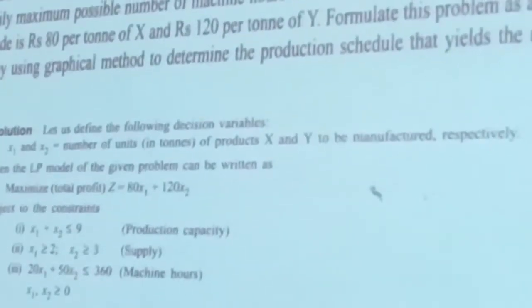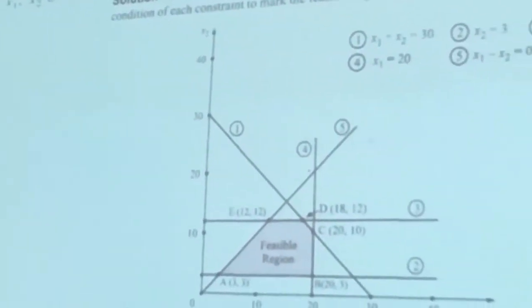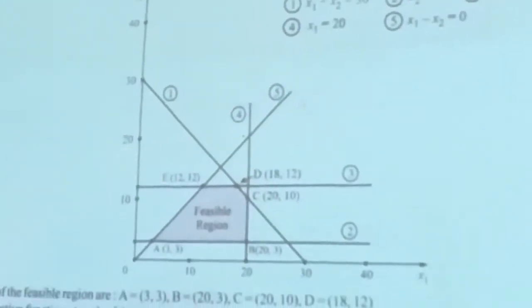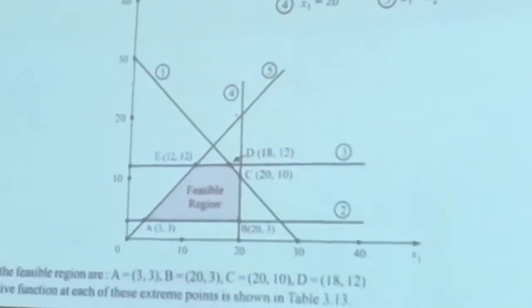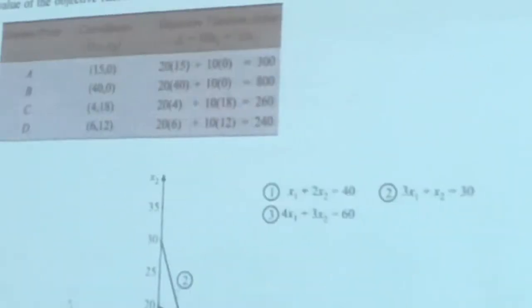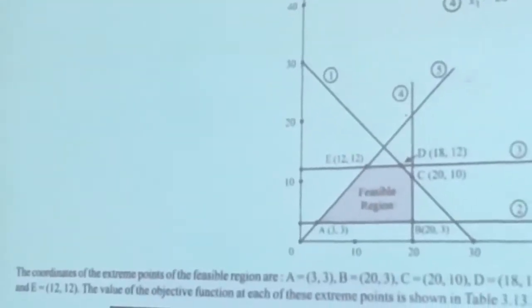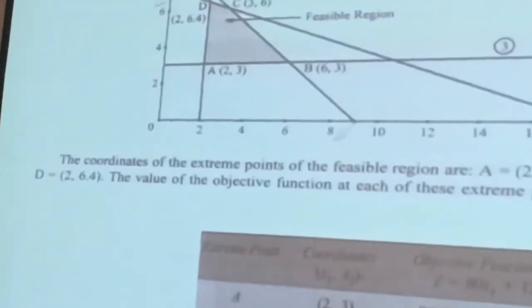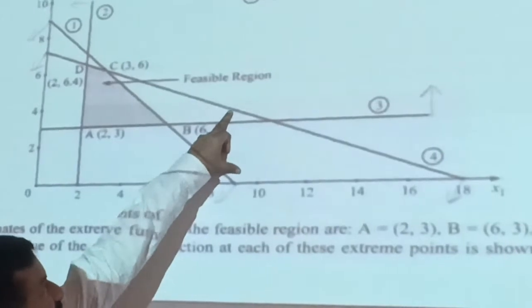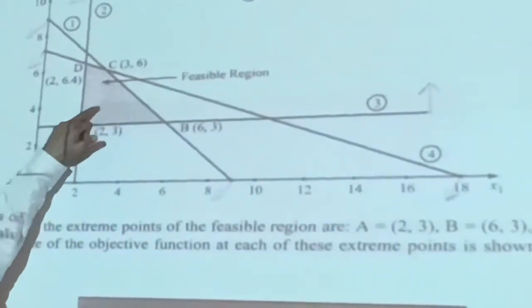So what do we do? This is the last constraint. So this is the last line. Less than means below the line. So therefore solution space is below.